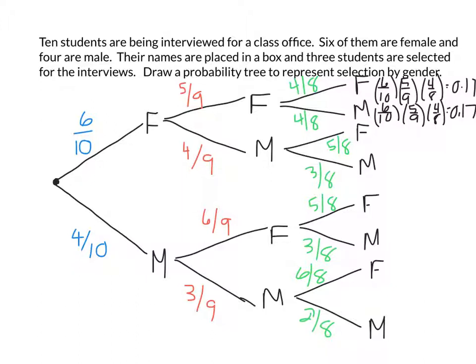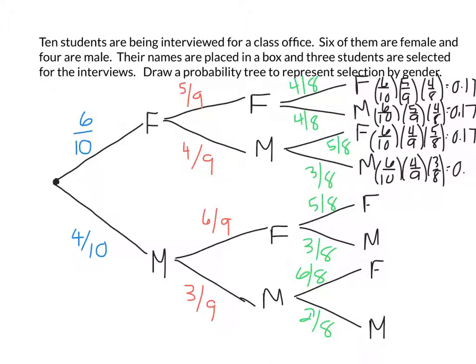On the next one, we have 6 out of 10, 4 out of 9, and 5 out of 8, and that'll give us 0.17 again. Next one, we have 6 out of 10 multiplied by 4 out of 9 multiplied by 3 over 8, and that'll give us 0.1.